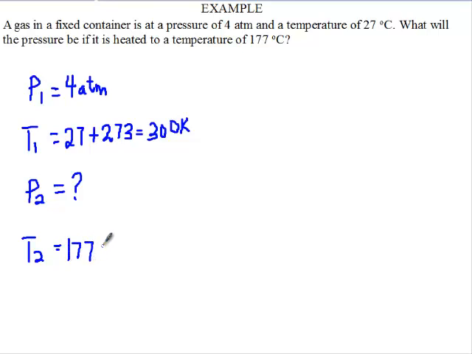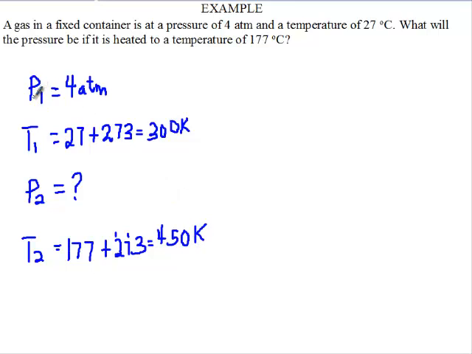And what are we going to do? We are going to add 273 to this. 7 plus 3 will give us 10. So we put our 0. We carry our 1. 7 plus 8 will give us 15. We carry our 1. 3 plus 1 will give us 4. So we now have 450 K.